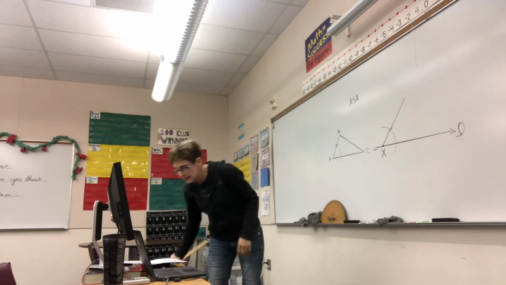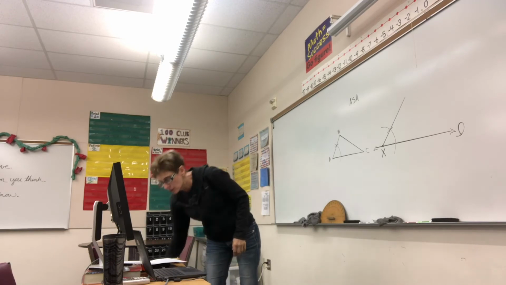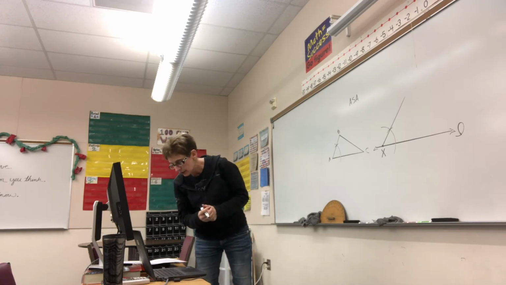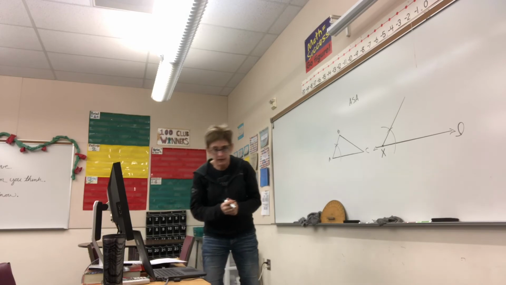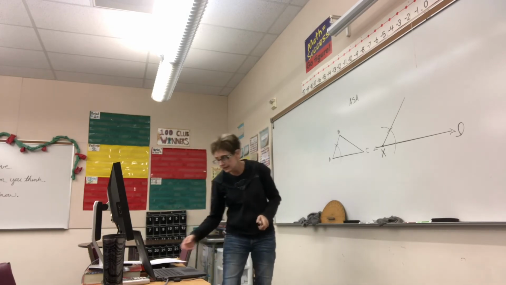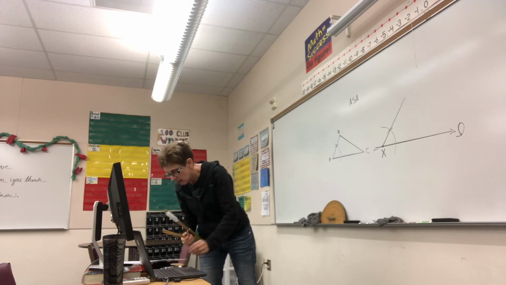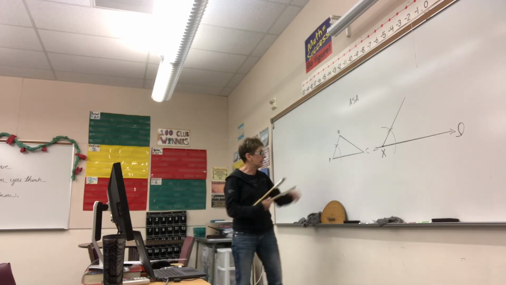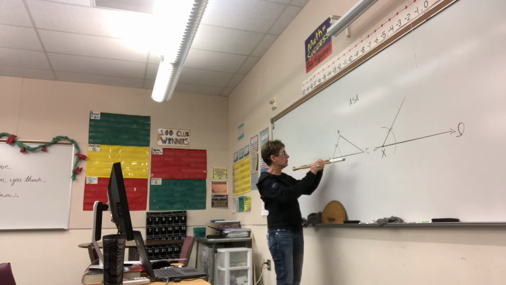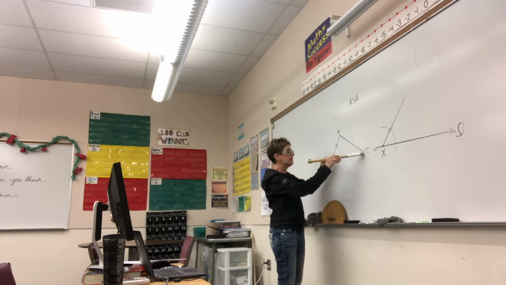Now, the next step says to construct XZ congruent to AC on line L. So we've done an angle. Now we're going to measure the length of side AC and put an arc here.